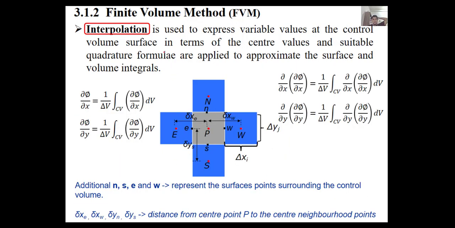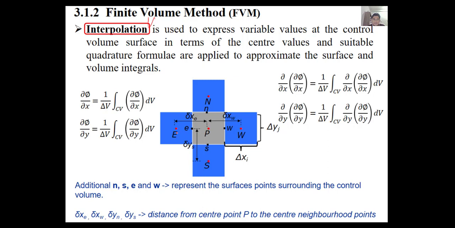To make the interpolation in this finite volume method, we have to add several more variables. Initially, we only see P, north, west, east, and south. If you look carefully, I add another 4 points around the control volume at the surfaces.